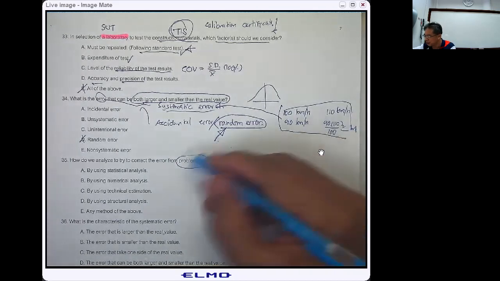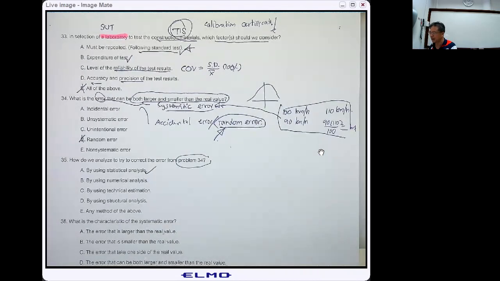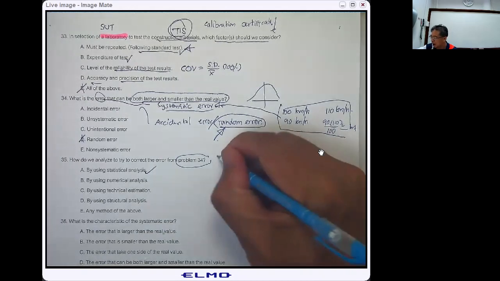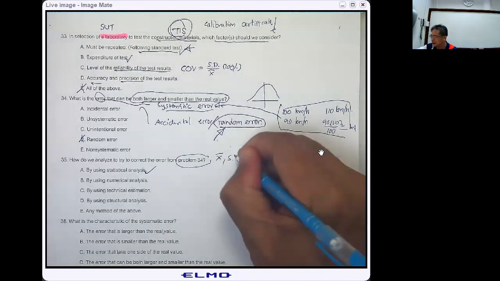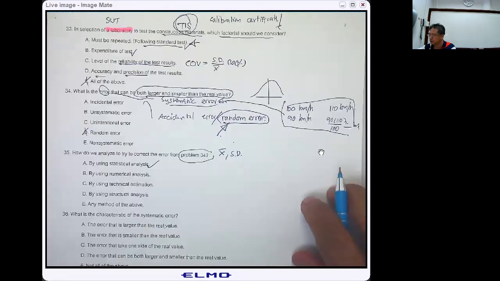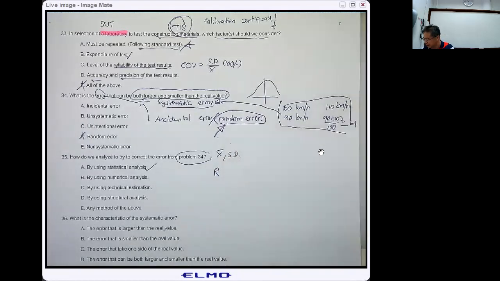For the random error, we must do the statistical analysis. Okay, we use statistics to take care of that kind of error. Use the mean, use the standard deviation, and use the reliability.